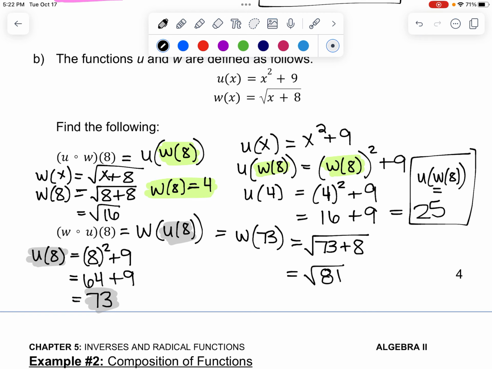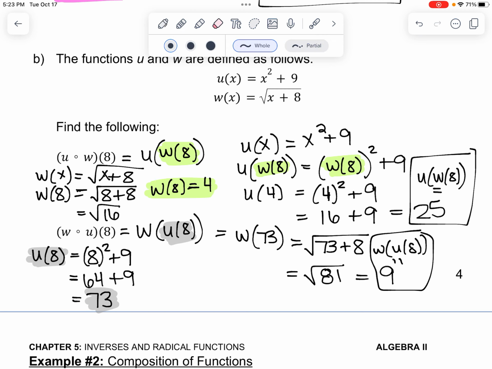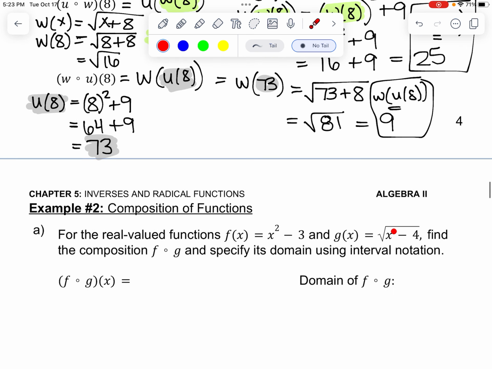So you get the square root of 81, which is 9. So w of u of 8 is equal to 9. So the output of one function becomes the input of the second function, is what it comes down to.